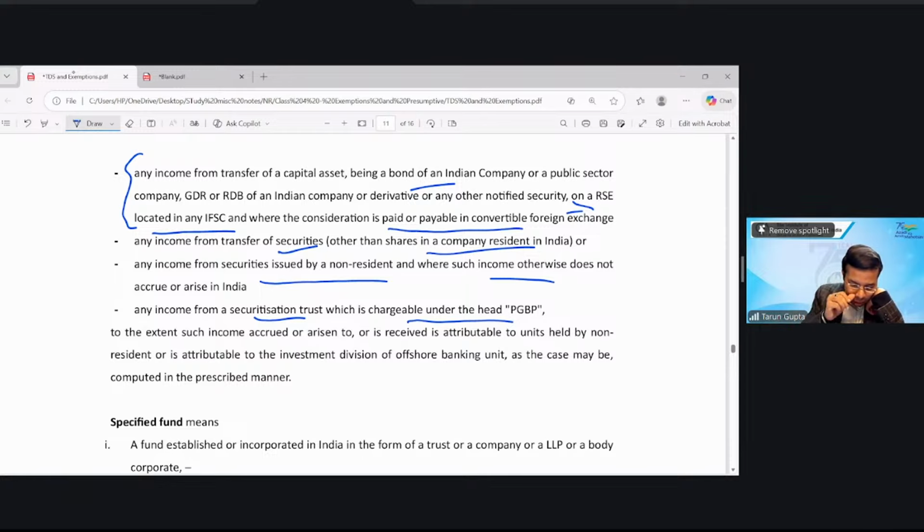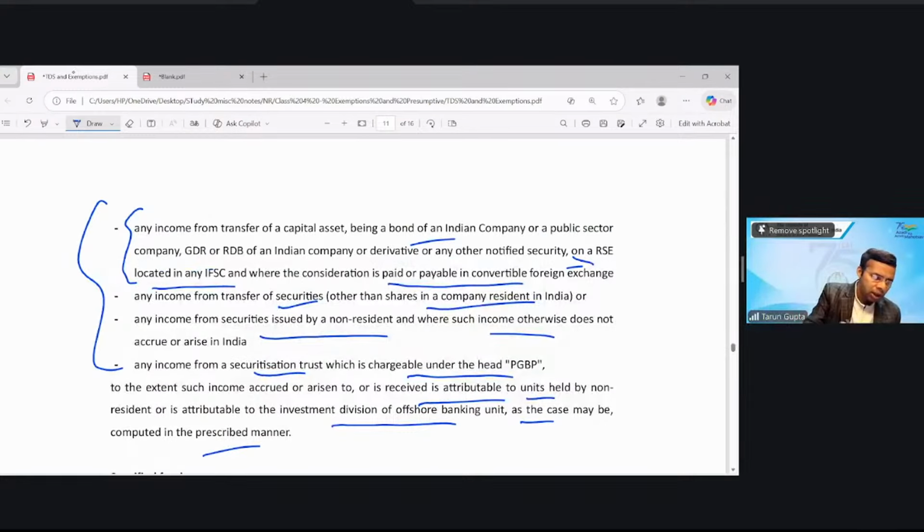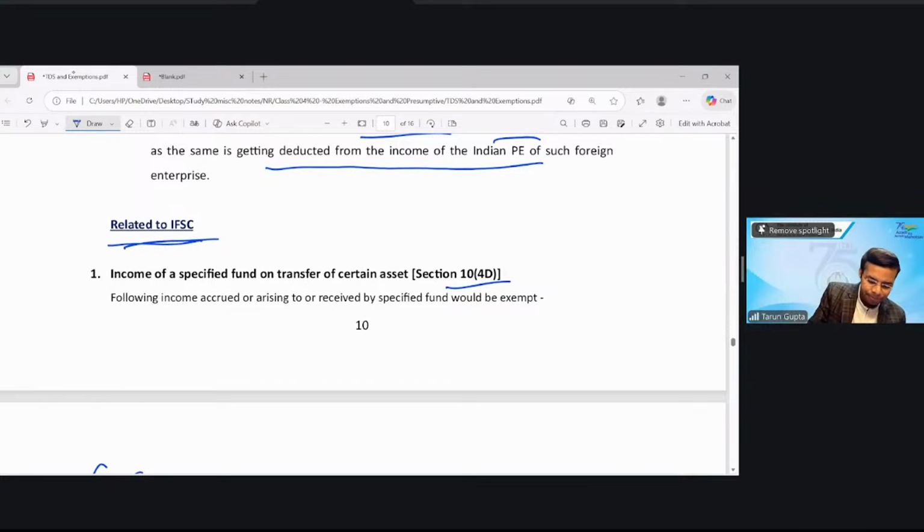To the extent such income accrued or arose to, or was received by, or is attributable to units held by a non-resident, or is attributable to the investment division of an offshore banking unit, as the case may be, computed in the prescribed manner. It says these four incomes of the specified fund shall be exempt only if such income is attributable to the units held by a non-resident.